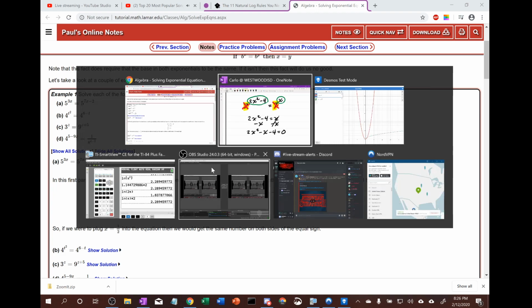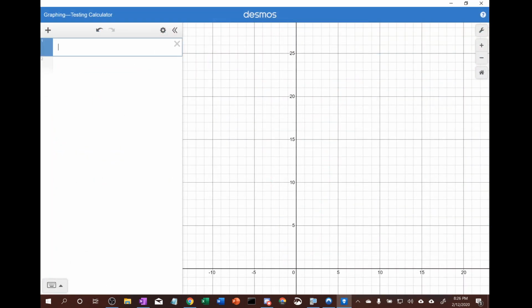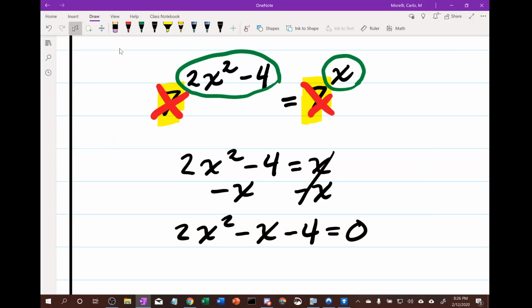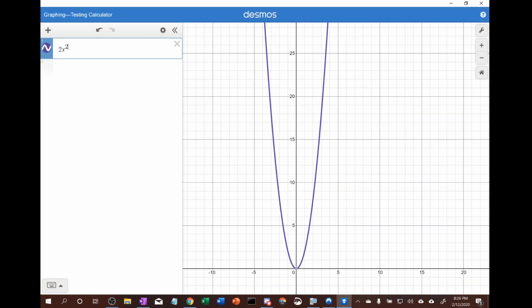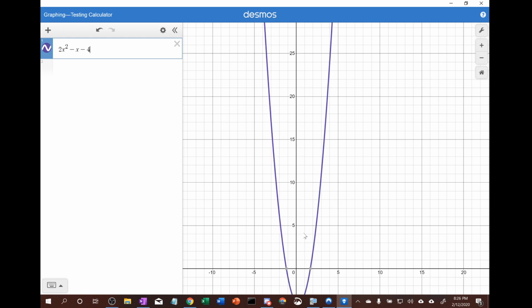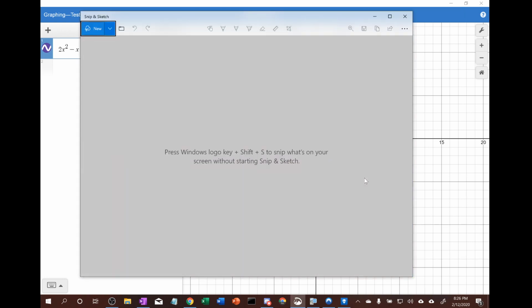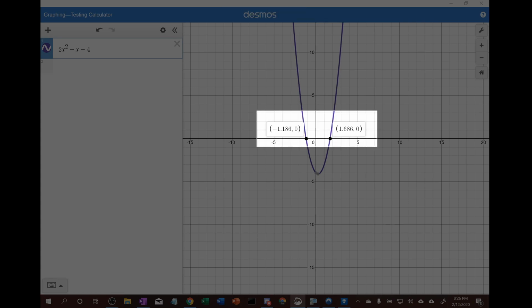I've got Desmos open. 2x squared minus x minus 4. All right, so what we're going to find is the solutions. There's two of them. So that would be your answers right there. You're kind of bringing the quadratic knowledge back in.